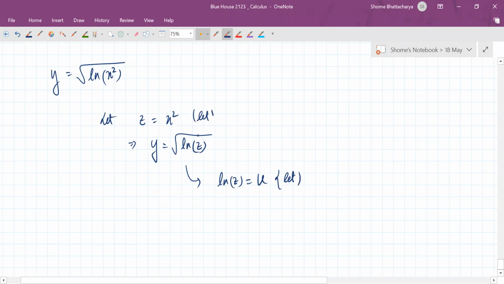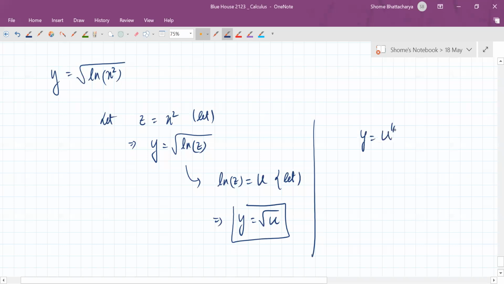Just like here we have taken a dummy variable. So y becomes square root of u. So this becomes our relationship that y is equal to u to the power half, where u is equal to ln z, where z is equal to x square.